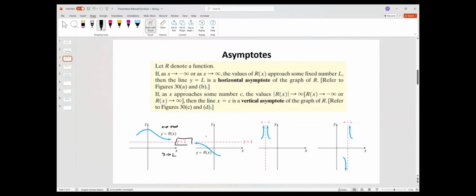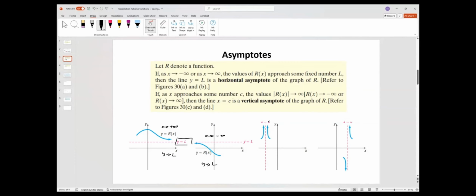On the other hand, here you see how as x approaches negative infinity, the function approaches L. So as y approaches L, the line y equals L is a horizontal asymptote of this function.